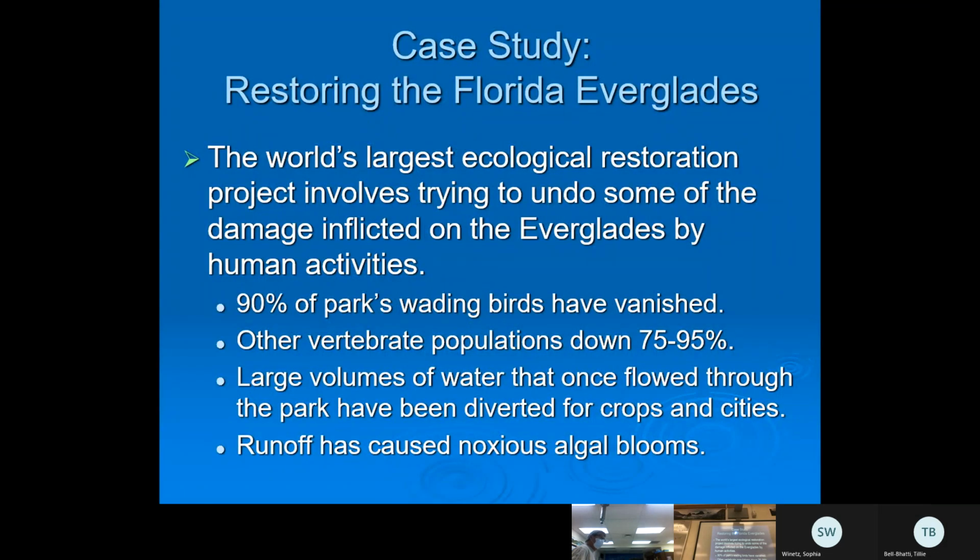One of the most famous wetlands are the Everglades, which are in trouble right now. Many of their birds have vanished. A lot of the water that used to flow through the Everglades has been diverted for agriculture and for cities. And the water that does arrive there often has chemicals in it that can cause these algae blooms.